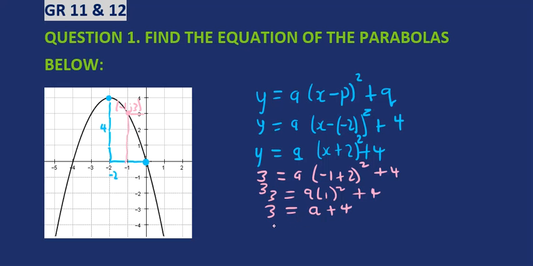So if we simplify, we'll find that the value of a is 3 minus 4, which is -1. And once we've found the value of a, now we may write our equation: y equals -1 times (x plus 2) squared, plus 4. So that is the equation of the shifted parabola.